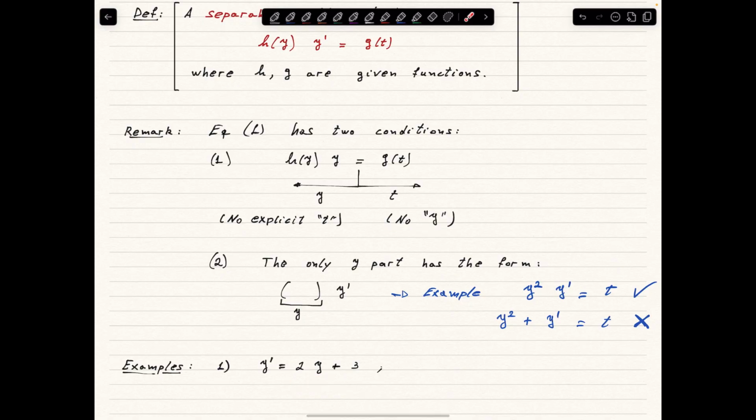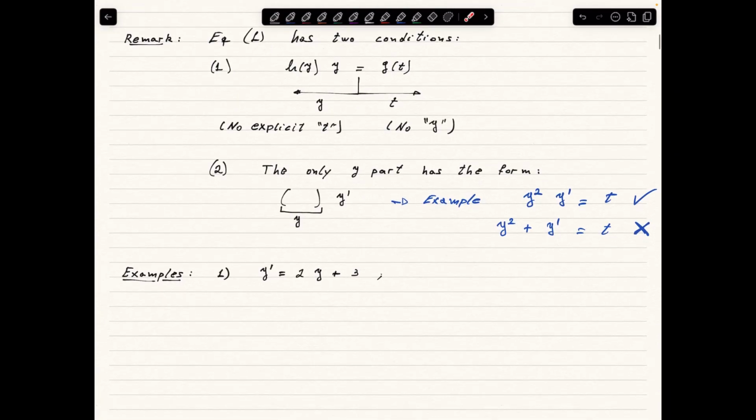But it's very easy to transform this equation into a separable equation just by multiplying both sides of the equation by 1 over 2y plus 3. When we do that, y prime is going to be divided by 2y plus 3, and on the other side, we are going to get 1.